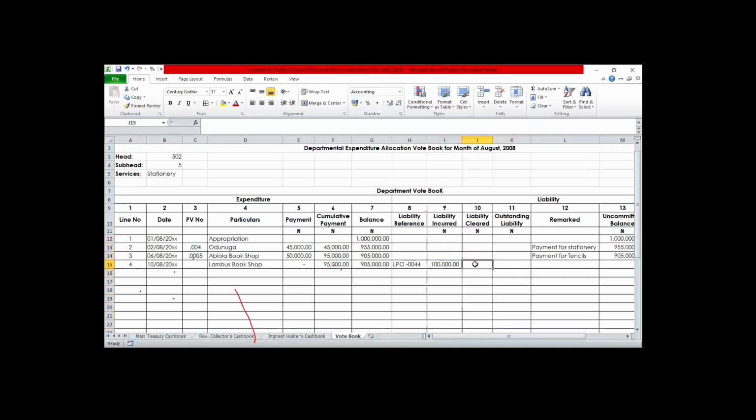Do we do the payment for that 100,000? No. No payment. Outstanding liability, what we are owing is 100,000. It appears here. We incurred 100,000 and did not make any payments in that period, for that particular transaction.